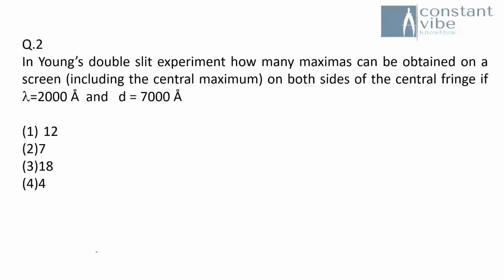Okay, let us see the second question. In Young's double slit experiment, how many maxima can be obtained on a screen, including the central maximum, on both sides of the central fringe? The wavelength lambda and d are also provided.